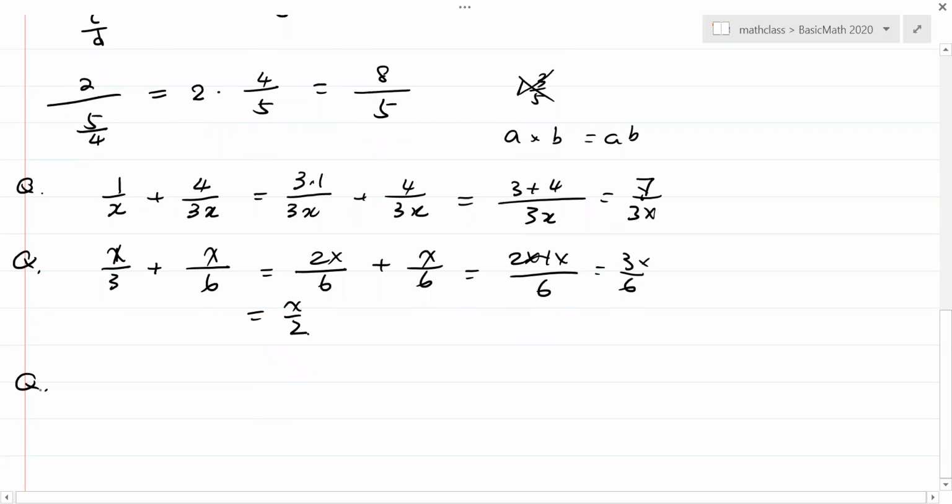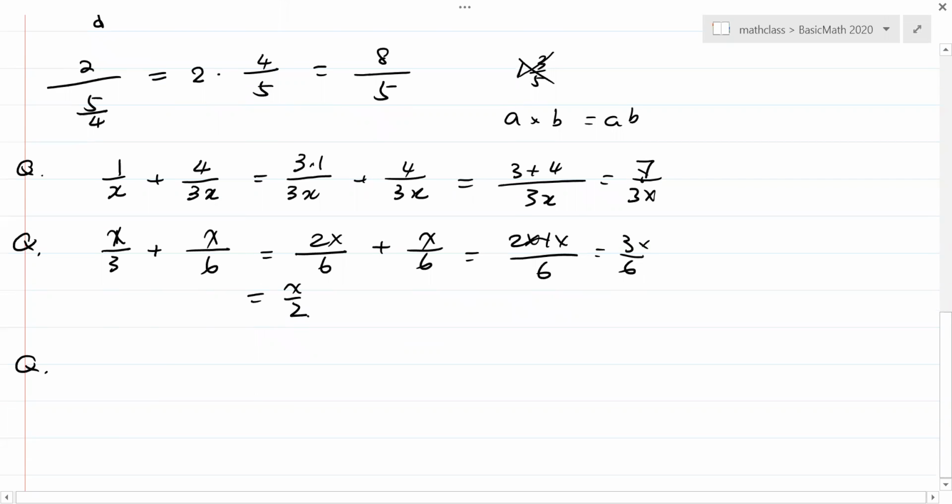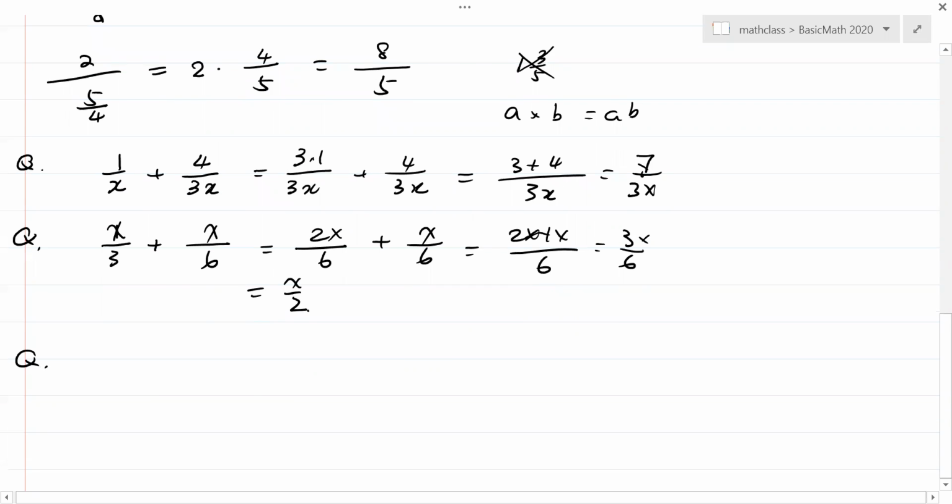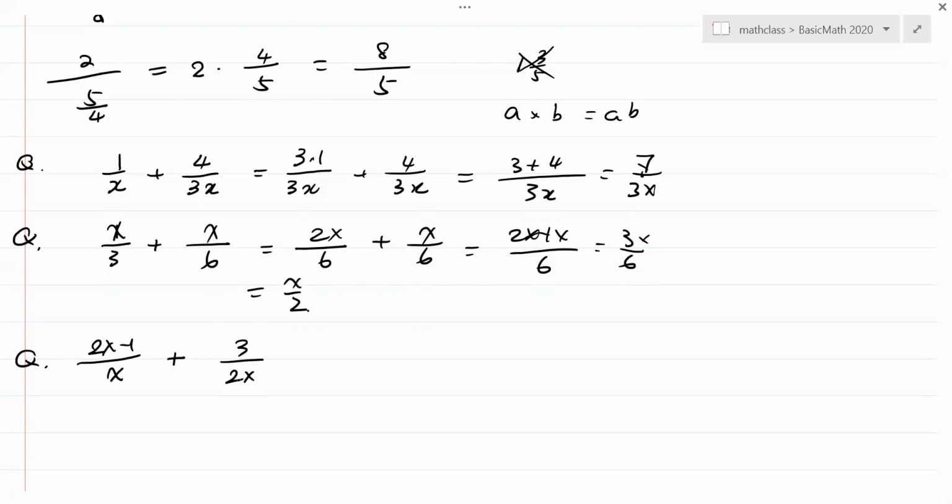So now let's do the next problem, and I want you to do that. x over 2x minus 1 plus 3 over 2x. Let's try this. Combine them into one fraction.